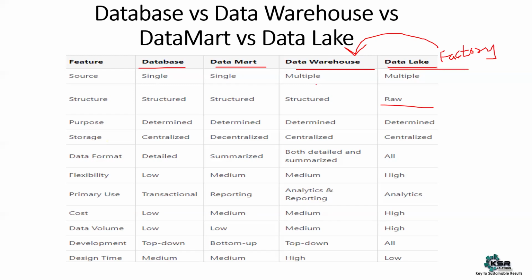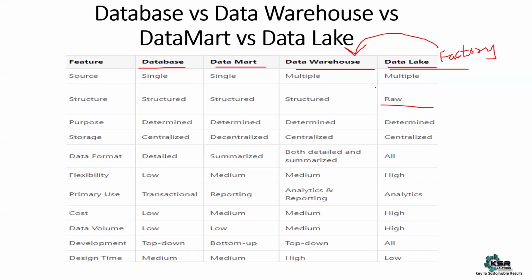So in simple terms, all the masalas are kept in one single rack. All the packed products, maybe your dairy products, all the dairy products are kept in a single rack. All the masalas are kept in a single rack.